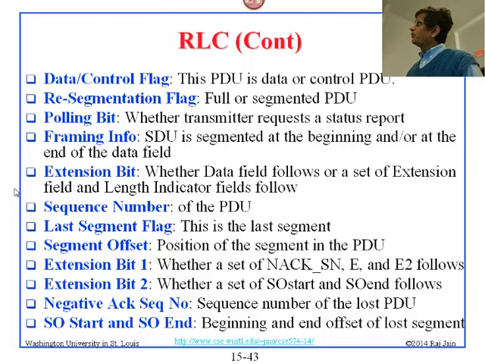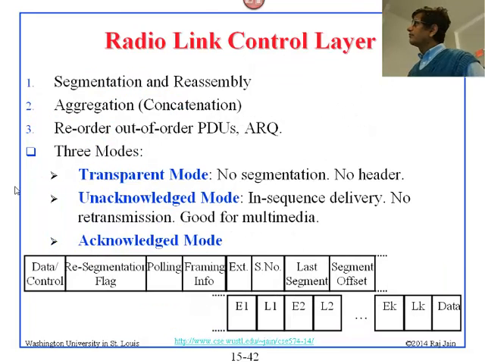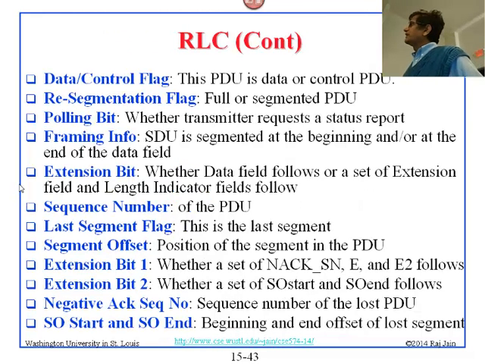Polling bit is whether the transmitter requests a status report. The transmitter could just set that bit, and then you say, well, this was not received correctly. So the polling bit is basically like saying, I need the ACK.